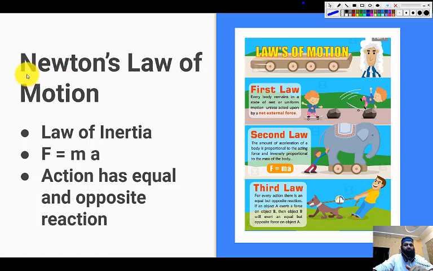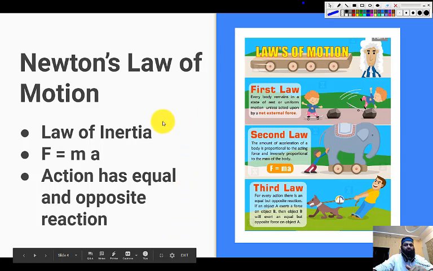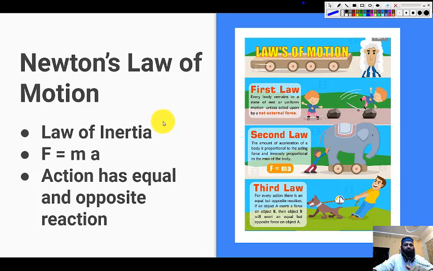Actually I should say 15th century, and he gave these 3 laws of motion which govern all of classical physics. They are very simple to understand, but at the same time they changed a lot of physics. A lot of what we knew before Newton changed after Newton came.